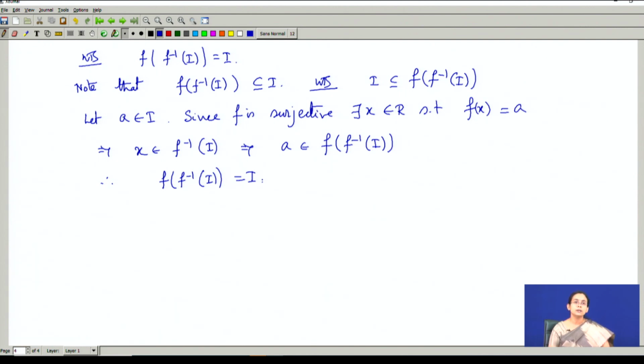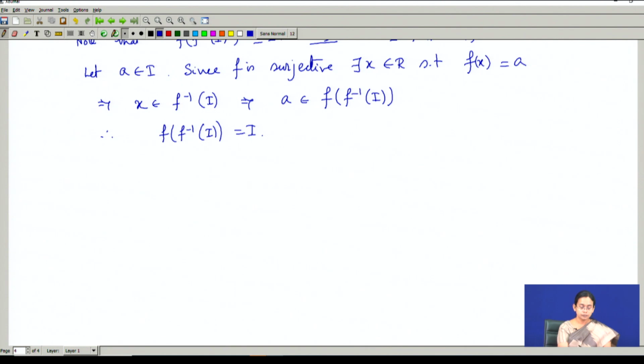Next, we will see some nice application of this homomorphism theorem. Let us go to the following proposition.